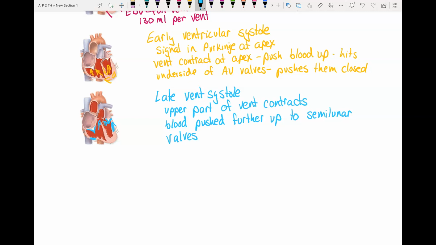And these valves open upward. So see, here's the semilunar valve closed. When it's closed, it's kind of like this. And when you hit it from the bottom, it pushes it open like this.